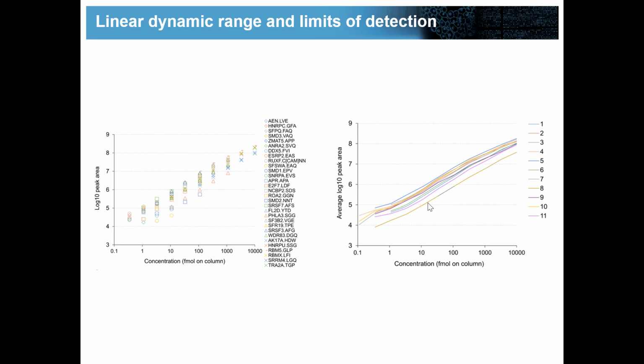This translates to roughly 400 proteins, something like this, that you can detect when you don't do any depletion, you don't do any enrichment. I'm not sure there's much more to say about that. I mean, we're limited by the dynamic range of the instrument, and it's going to take work from the vendors to increase that dynamic range primarily.